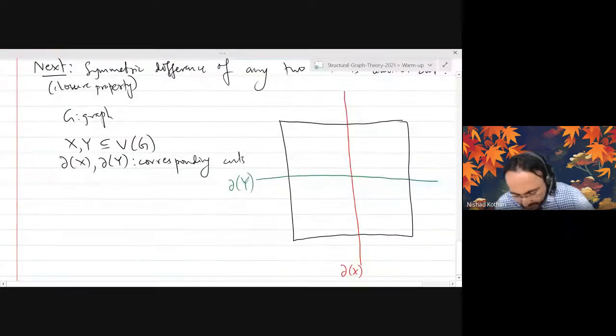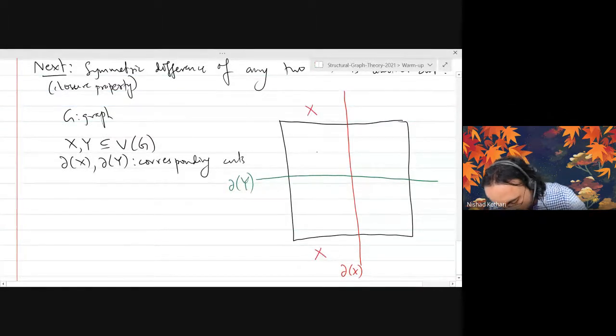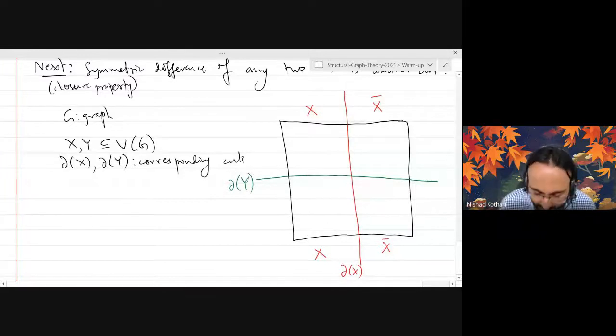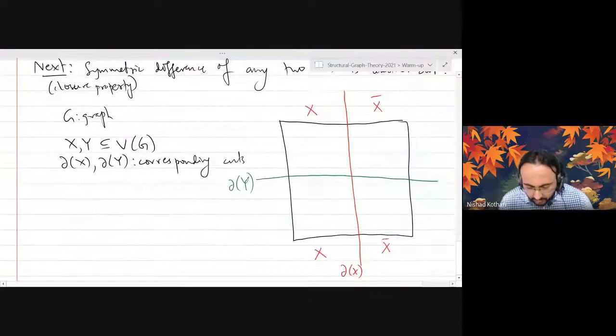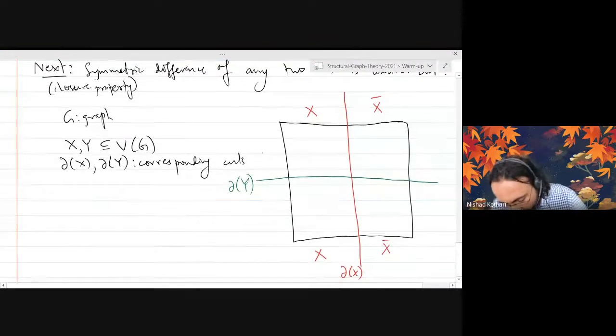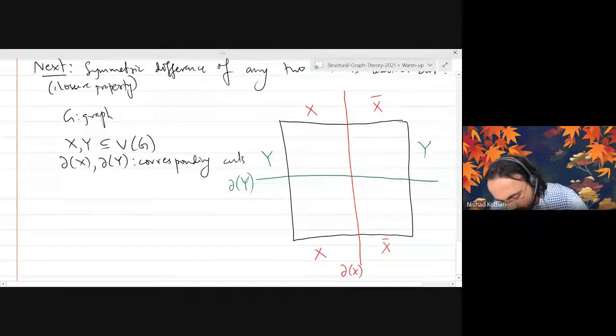Think of this as your X, this is your X bar. I'm writing it two times just so that it's easier to keep track of. And this top part is your Y, and the bottom part is your Y bar.